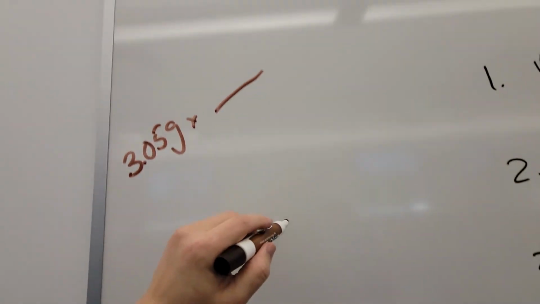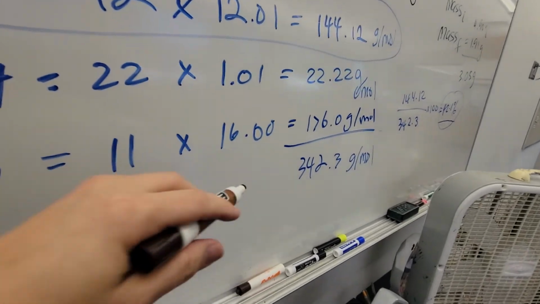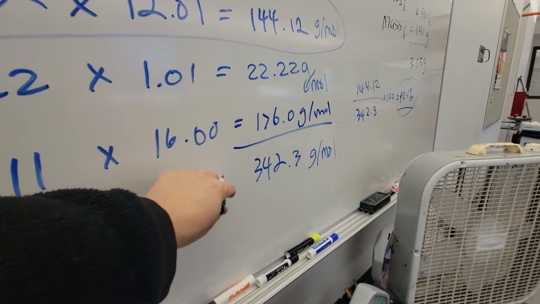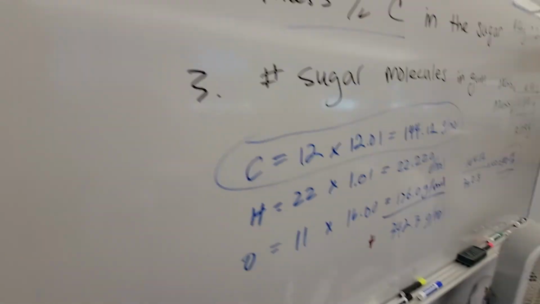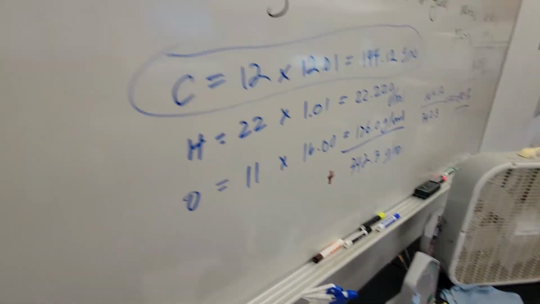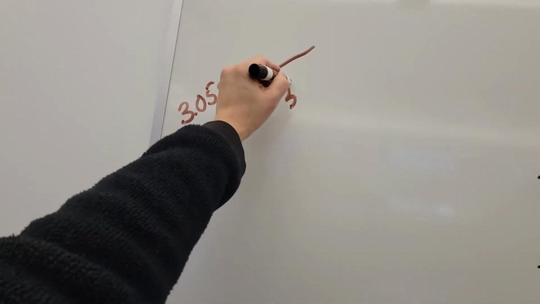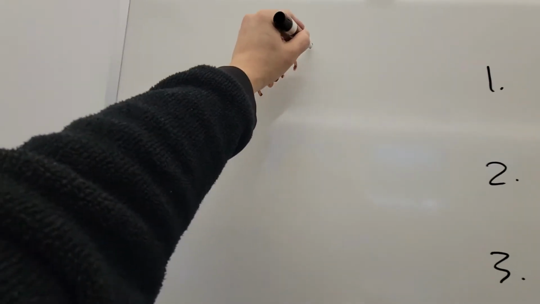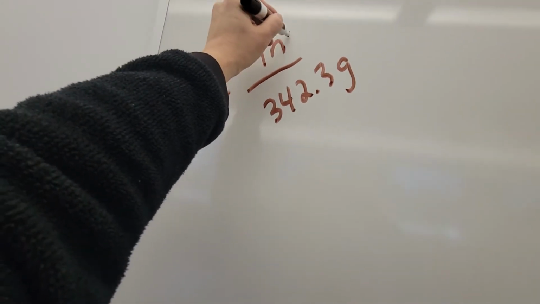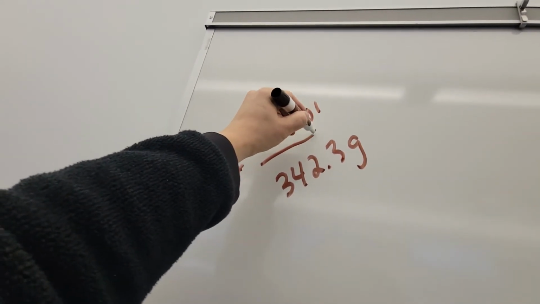We have the molar mass. That was down here. 342 grams per 1 mole of sugar.